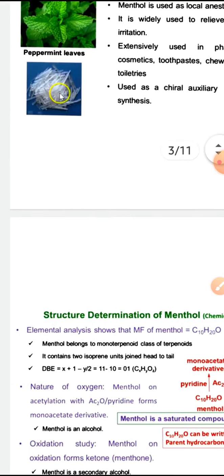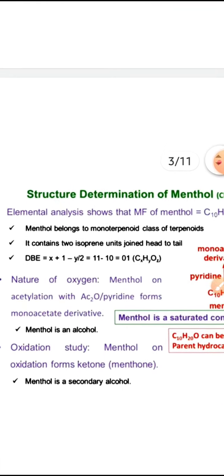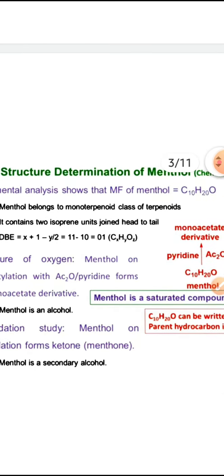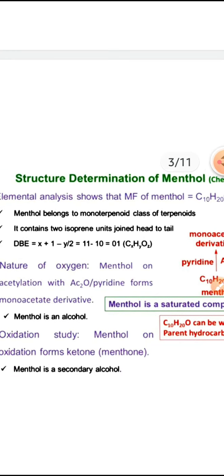Now we discuss the structure determination of menthol. Structure determination of menthol was initiated in 1886. In those days, the chemists did not have sophisticated instruments and therefore they were relying on chemical methods of analysis. This chemical method of analysis is based on elemental analysis.